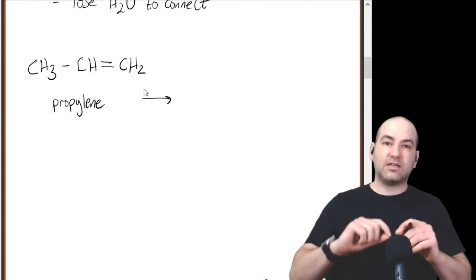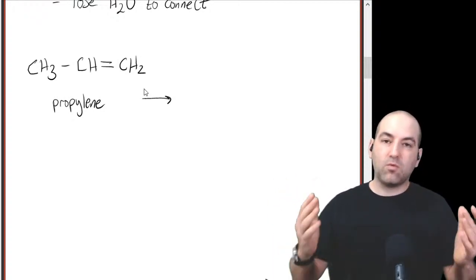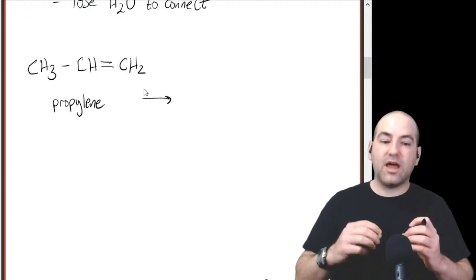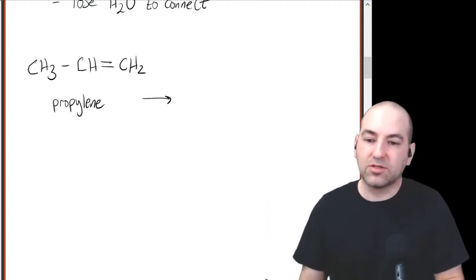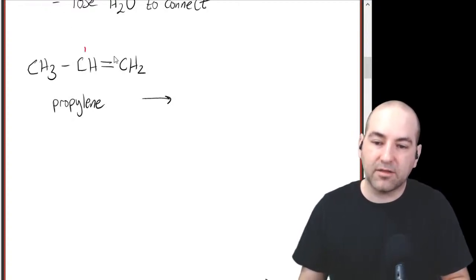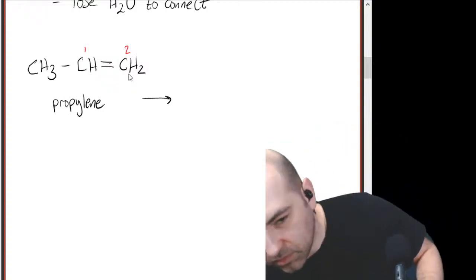Remember that the things that do the connecting are the carbons that were a part of that double bond, because it's those electrons from the double bond that are now spread out and need to be connected that way. So our connections are the same as with polyethylene. So we can look at 1 and 2 here.